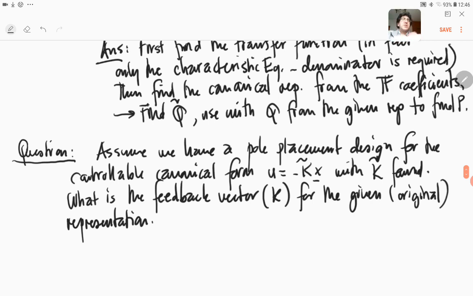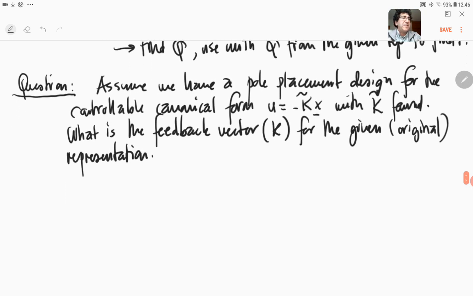A system is given to you in state space form, but not in the canonical form. You want to find the feedback vector for that particular system to put the poles in the desired locations. Now, if you put the system somehow in the controllable canonical form and solve the problem in a decoupled form, how can you get back to the original state space system and find the vector K?